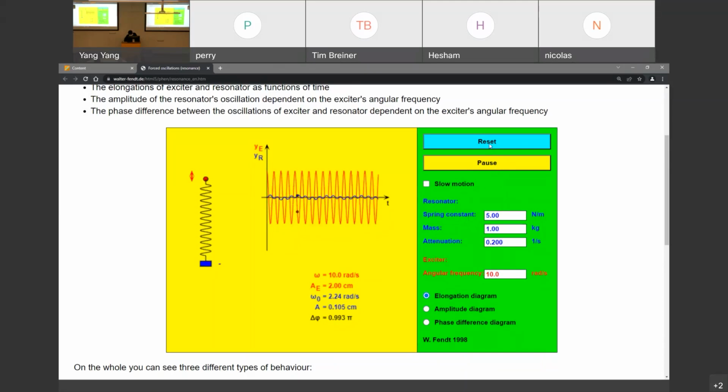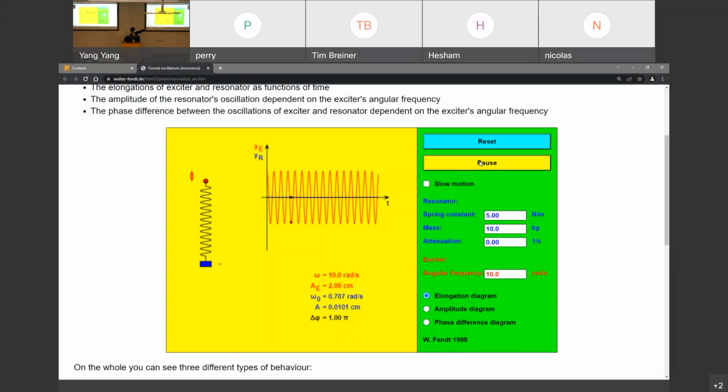No, 10, 0.1. It can only go down to one. This is zero, this is zero. Oh, we should use another number.